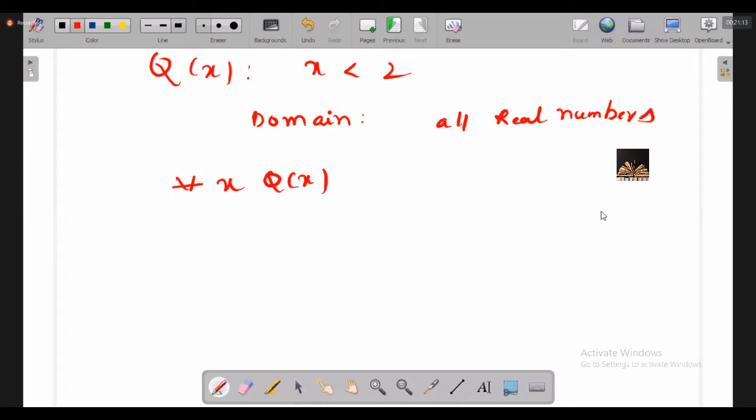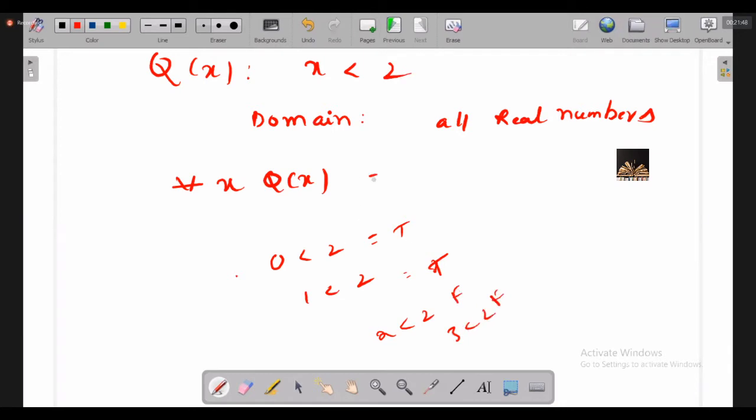So here, real numbers. For example, in the 0 case, 0 less than 2 is true. 1 less than 2 is true. 0 and 1 are real numbers, and x less than 2 is true for them. But 2 less than 2 is false, 3 less than 2 is false, 4 less than 2 is false.